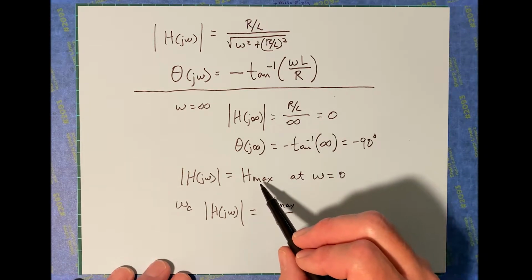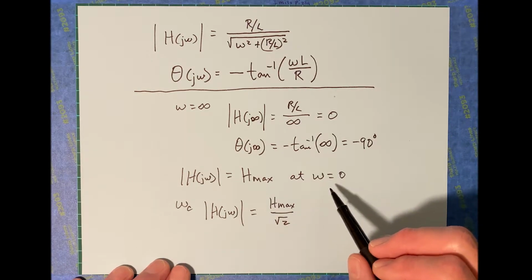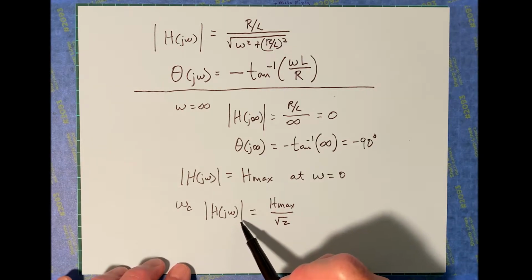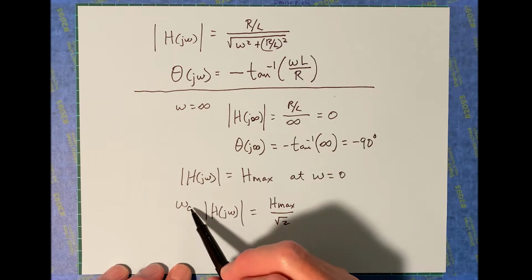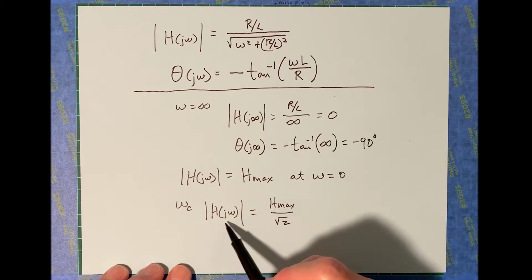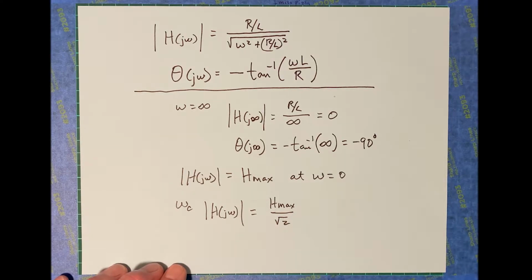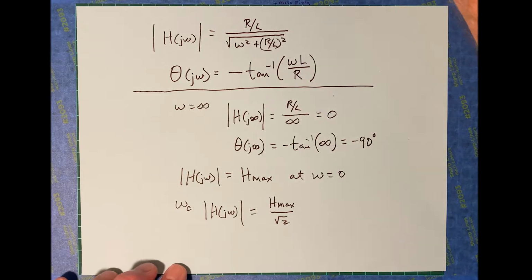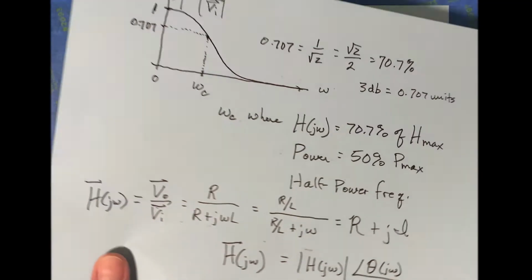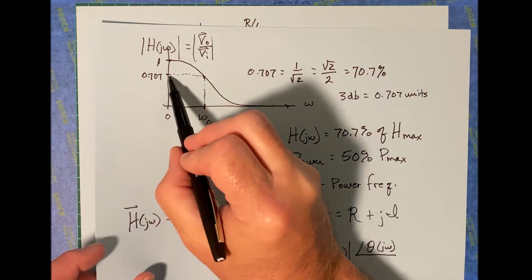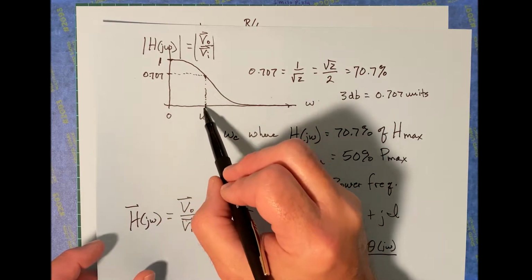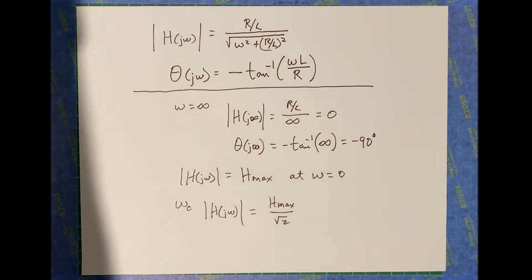So H max occurs at omega equals 0, but the cutoff frequency occurs where the transfer function is H max over square root of 2. That's what I gave you back here, the square root of 2. That's the 0.707. That's where that occurs.